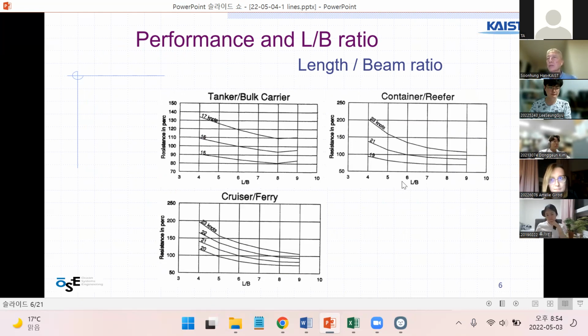So if you have a higher length breadth ratio, you may expect a lower resistance. So the ship is more slender. Okay? And then the final box shows a cruise ship or ferry ship. Speed is similar to container ships, but a little bit higher. And length breadth ratio and resistance show a similar trend.